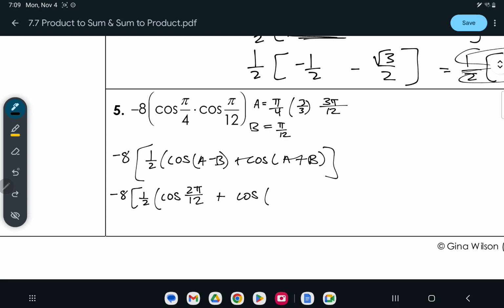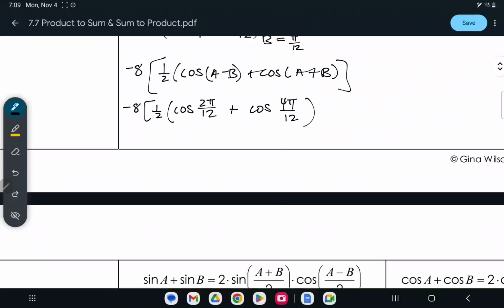And then cosine of A plus B would give me 4 pi over 12. Now both of these can be reduced. So 2 over 12 can be reduced to 1/6. 4 over 12, I can divide them both by 4 and get 1/3.